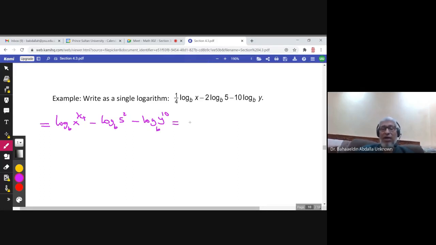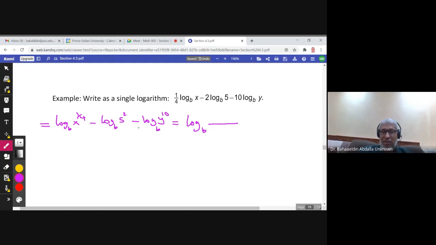Now you can write them as a single logarithm. I can do it in 1 step, and I can do it in more than 1 step. I will show you both. If you do it in 1 step, then you have log b and you have a fraction. Why is there a fraction?